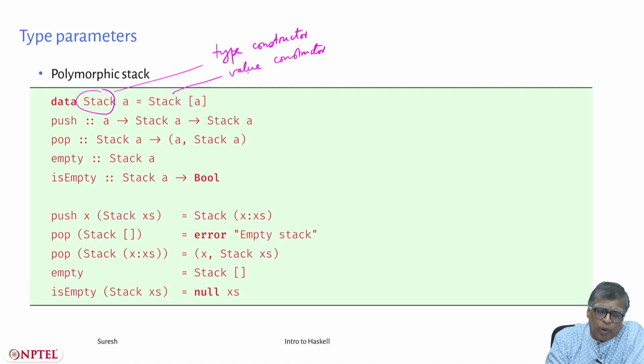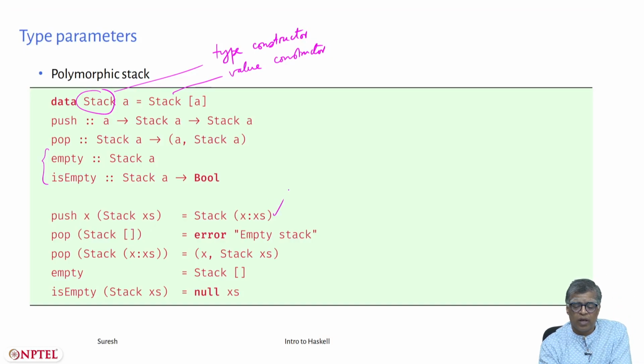And then the programming is the same, push, pop. You can also have two auxiliary functions, empty, which produces an empty stack, and isEmpty, which checks whether a stack is empty or not. And the programming is very simple. Push of x in Stack xs is Stack of x colon xs. Pop of Stack empty list is some error message. Pop of Stack x colon xs is you extract the x separately, and then as part of the result you give x separately and Stack xs separately.